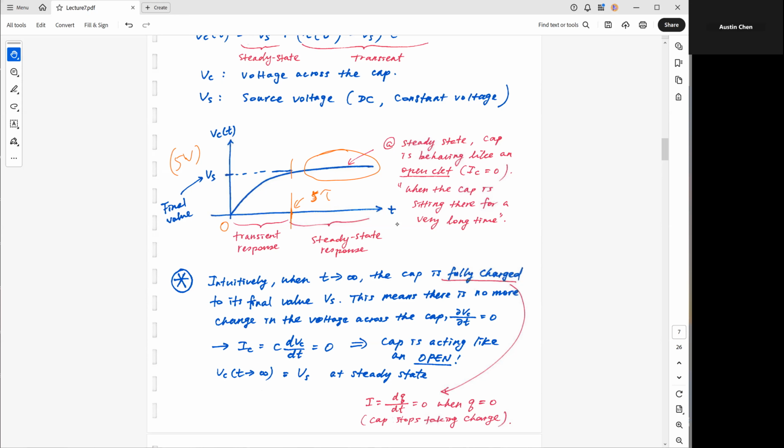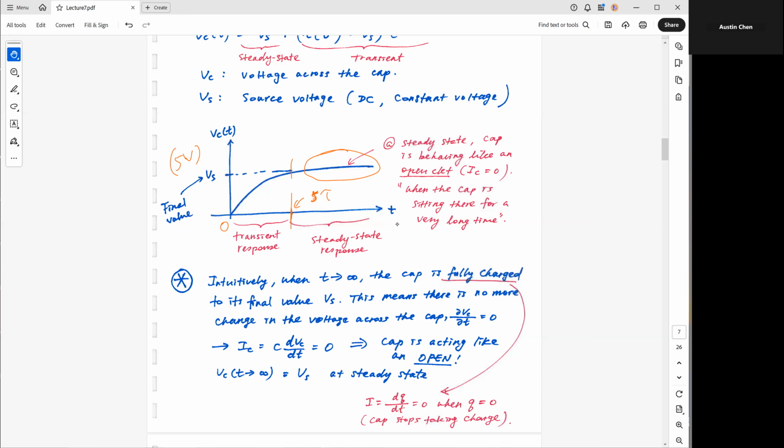That means we assume that the capacitor has been sitting there for quite some time, and the claim is that it's going to behave more or less like a very high impedance, high resistance, like an open. So let's see how we figure this one out.